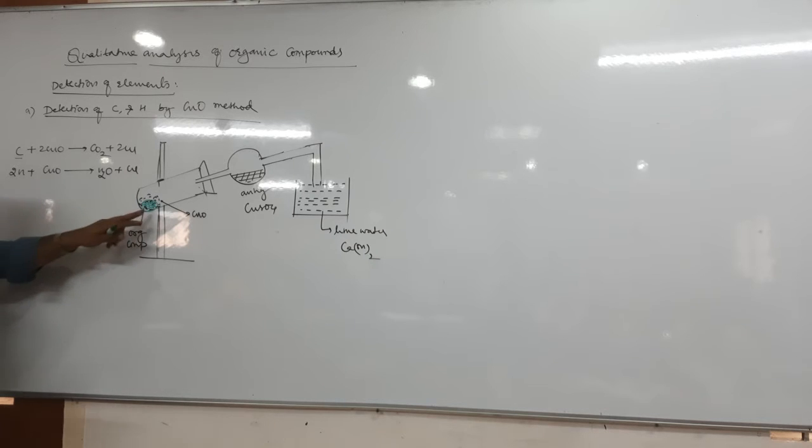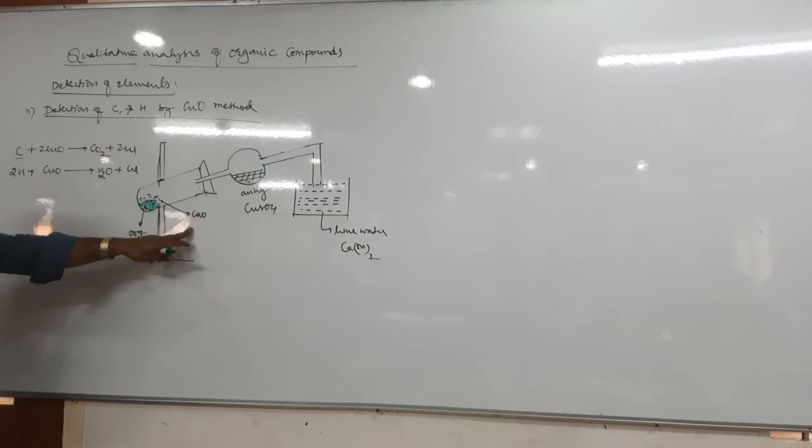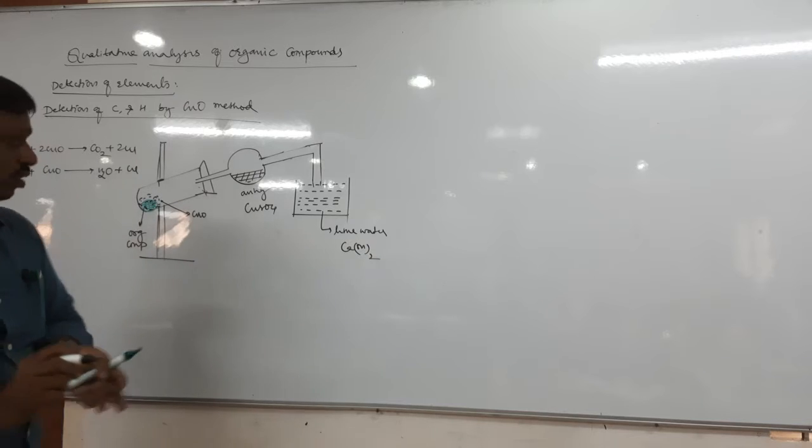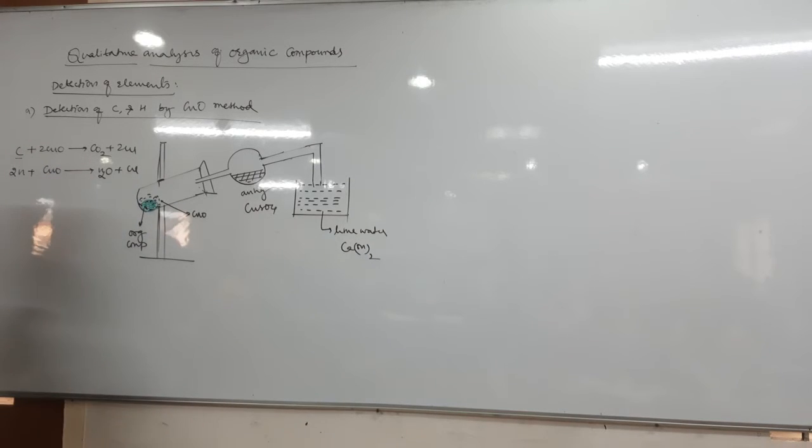That means when the organic compound is heated strongly with copper oxide, carbon is oxidized to carbon dioxide and hydrogen is oxidized to water. Then how to detect carbon dioxide and water?